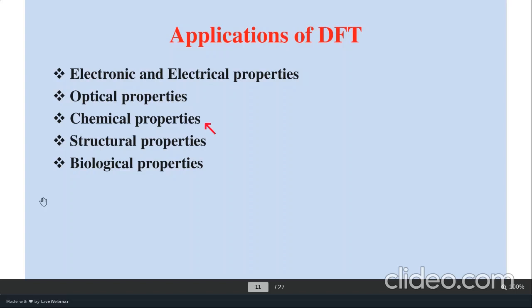And the biological properties, when we calculate the energy band gap or some docking by using this method, this shows how the molecule interacts with the body, and how it can be used as an antifungal and antibiotic. It can be used for some biological properties.